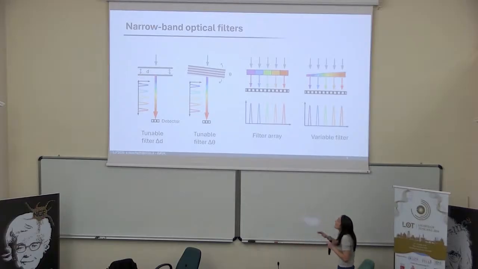In that case, simply the final spectrum can be the pixel, okay, associated to the intensity, by knowing exactly the central wavelength of all these filters. So the post-processing algorithm is really easy, okay?